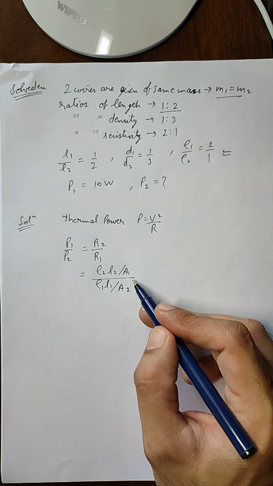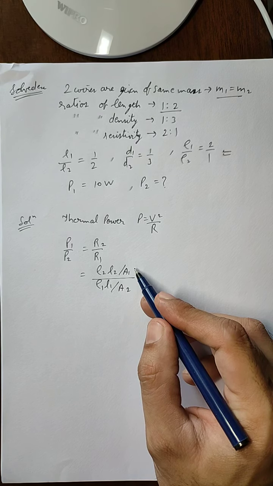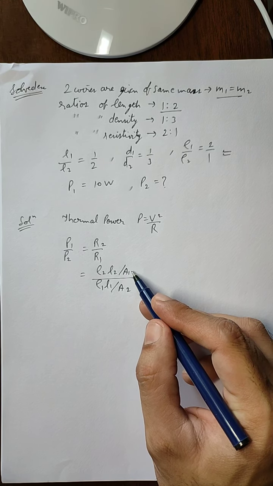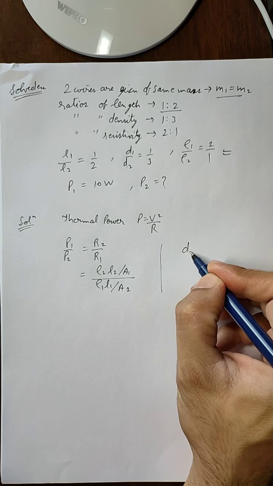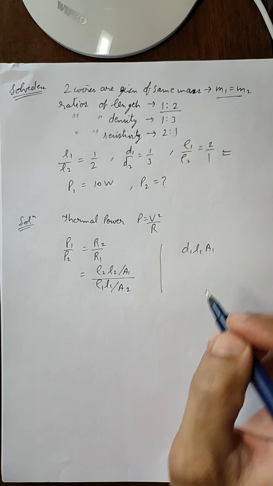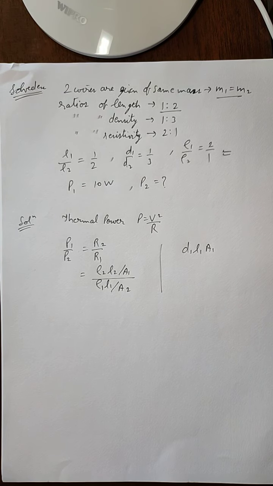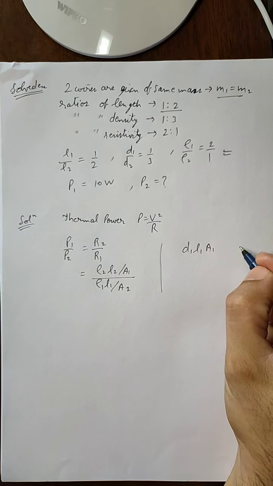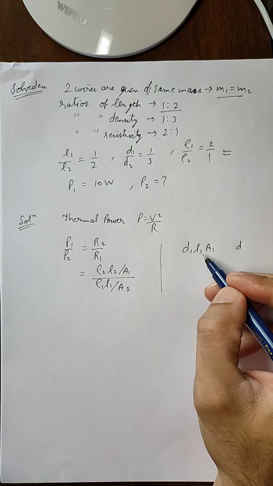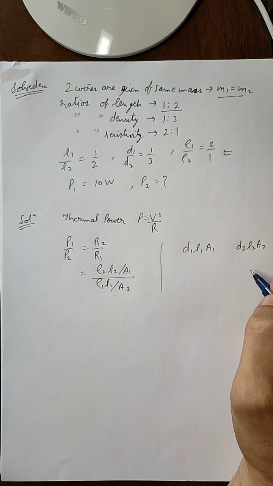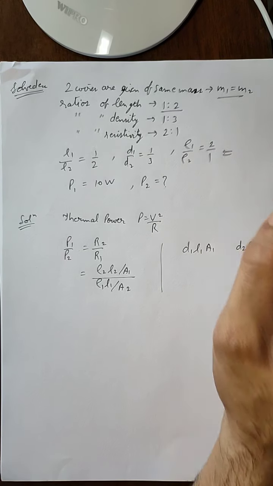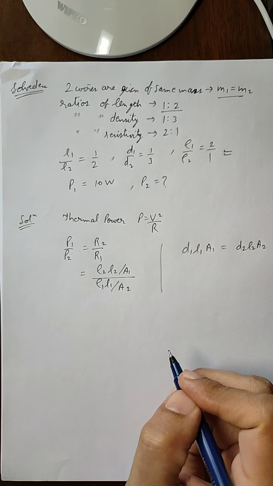Now this area, we know that the volume, I can write it here: D1 L1 A1 will be the mass of the first wire, and D2 L2 A2 will be the mass of the second wire, and because both the masses are equal, these two will also be equal.